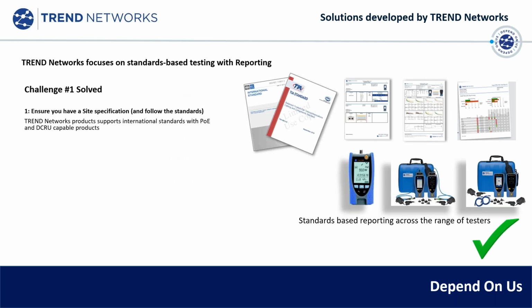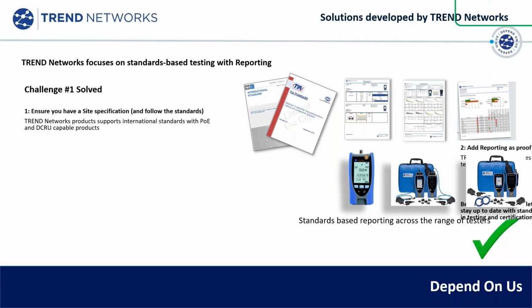Getting started, challenge 1, we can solve it this way. Number 1, ensure you always have a standard whenever testing. One of the most important things is to approach your site with a standards-based test. If you follow the standards and deploy testing across that, that would solve all of your infrastructure deployment problems.